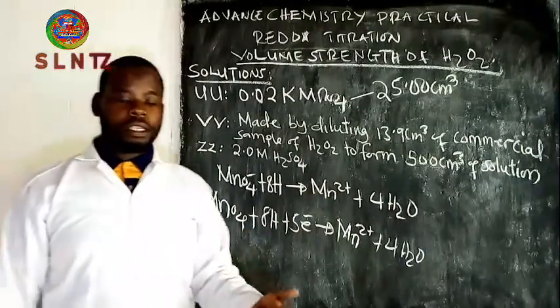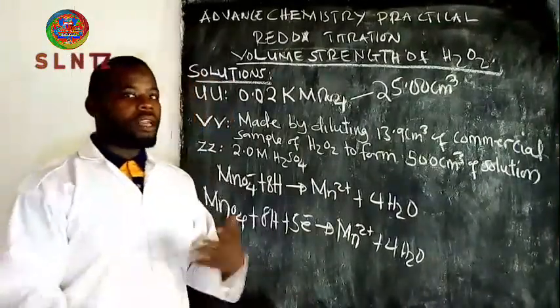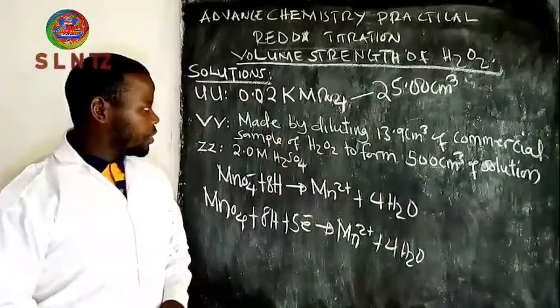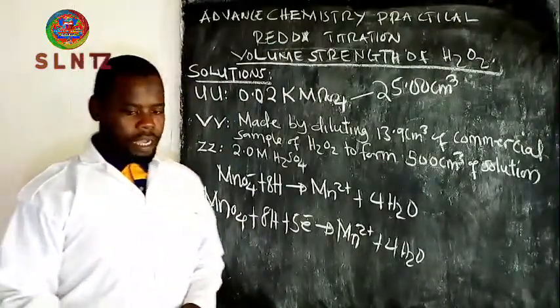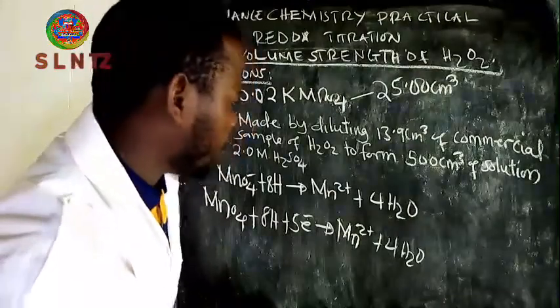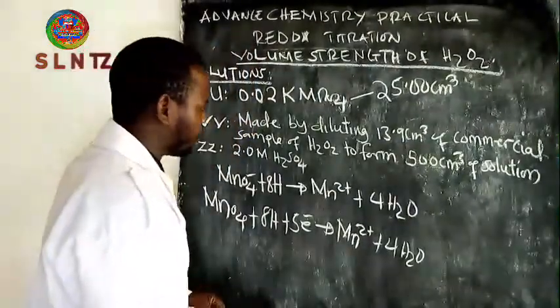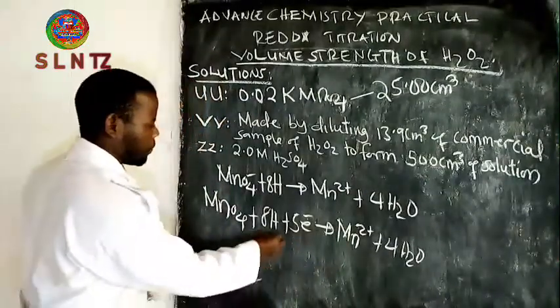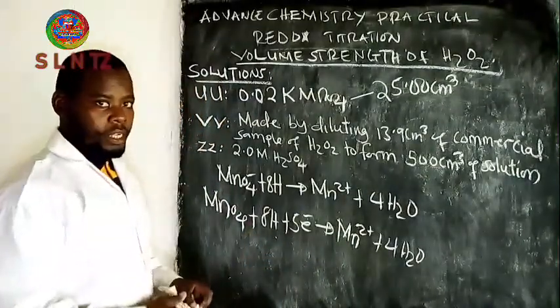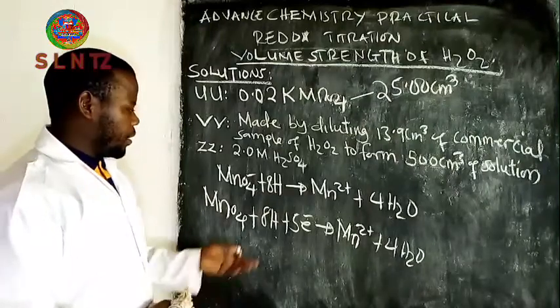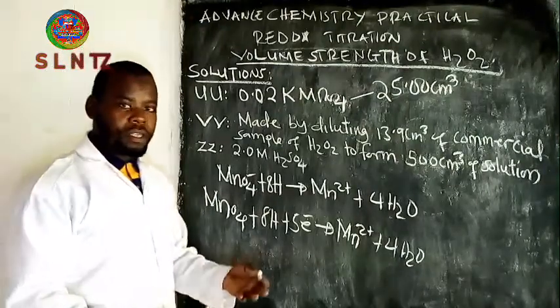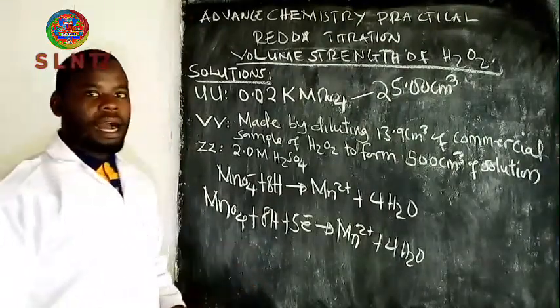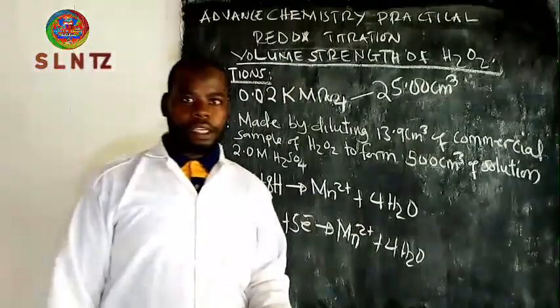And for oxidation, there is hydrogen peroxide. This is for reduction. You can note this one, and then we proceed with our half oxidation reaction.